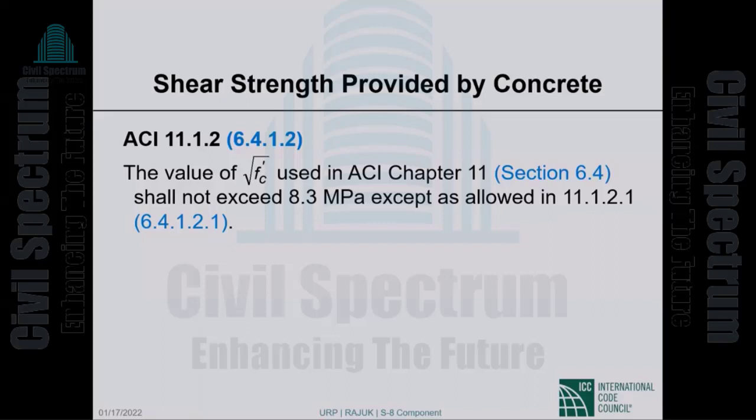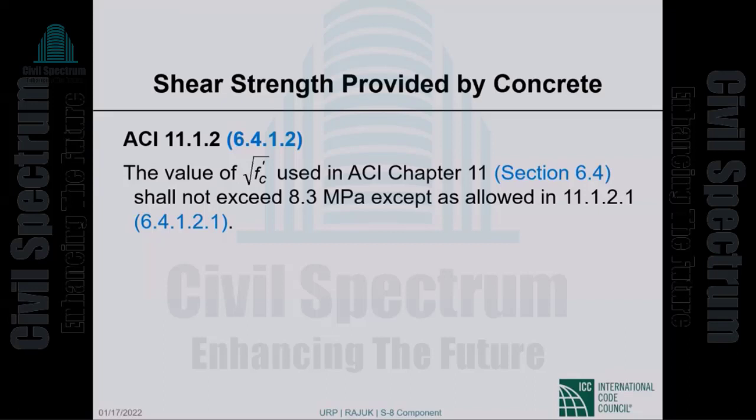Okay. Now, we did not mean to say concrete strength cannot exceed 10,000 psi. What we meant to say is if you have 15,000 psi concrete, for shear strength calculation, you will count on 10,000 psi. You will ignore the other 5,000 psi.